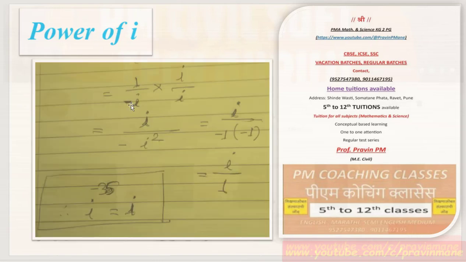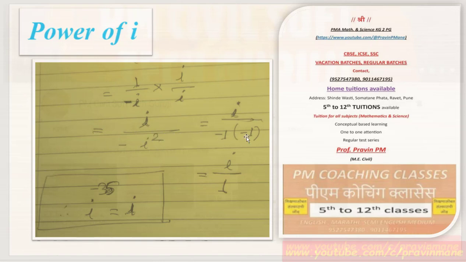Next, 1 upon minus i, multiplied by i by i. If I multiply this by i, there is no difference. So the i stays as it is, and minus as it is, into i square. But as we know, i square is minus 1.